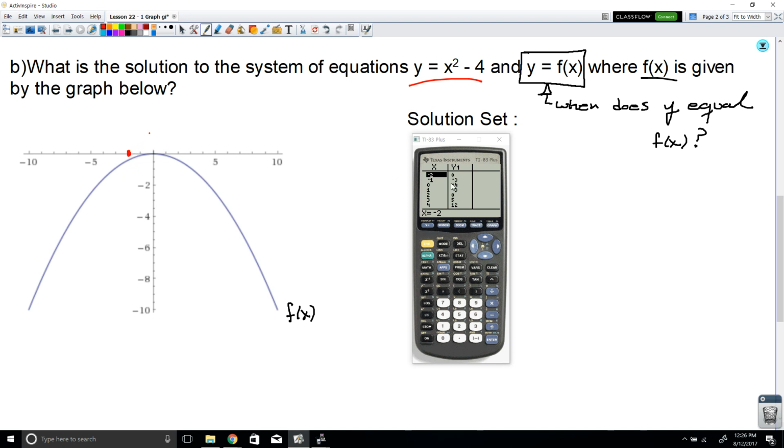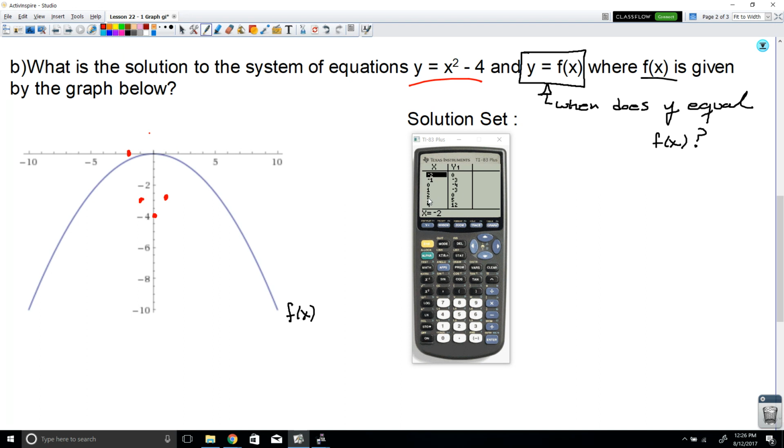Negative 1 comma negative 3, which is somewhere around here. 0 comma negative 4 is somewhere around here. 1 comma negative 3, which is about right here.